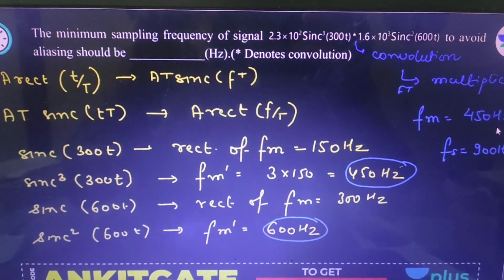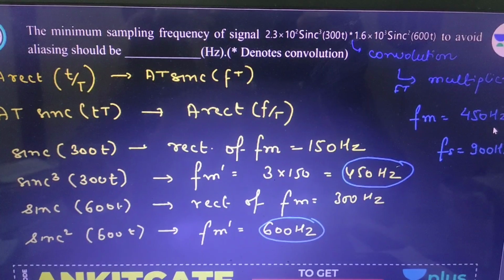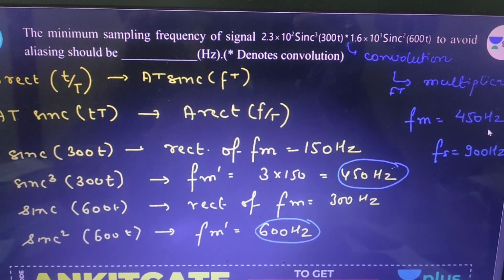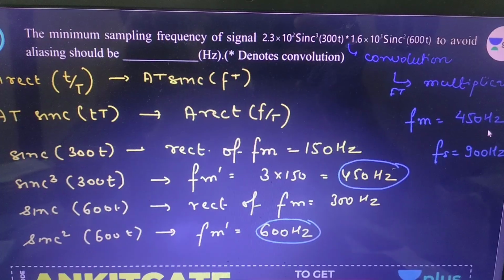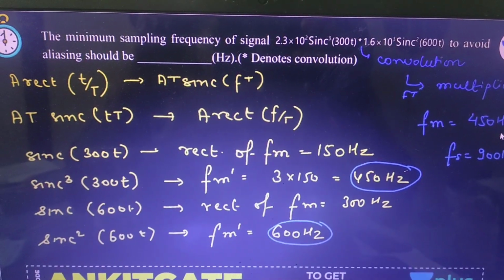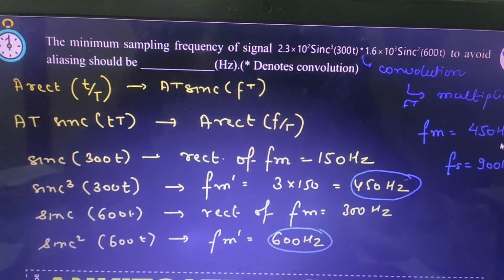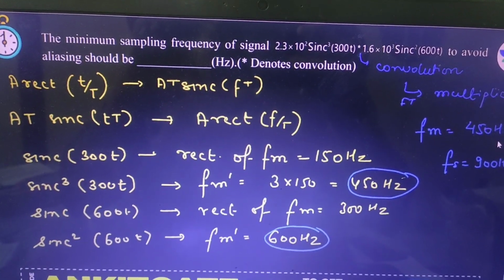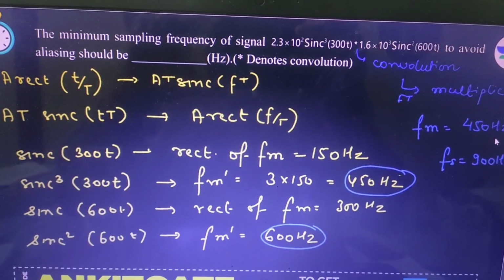Find the minimum sampling frequency of the signal 2.3 into 10 square sinc cube 300t convolved with 1.6 into 10 cube sinc square 600t, to avoid aliasing. See, here convolution in the time domain leads to multiplication in the frequency domain.